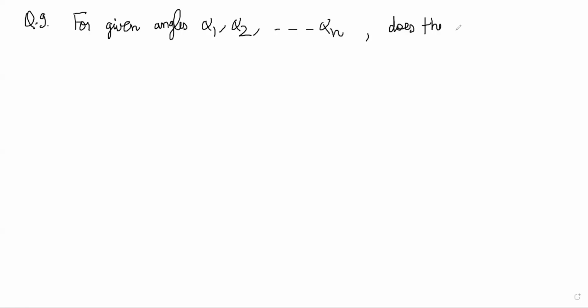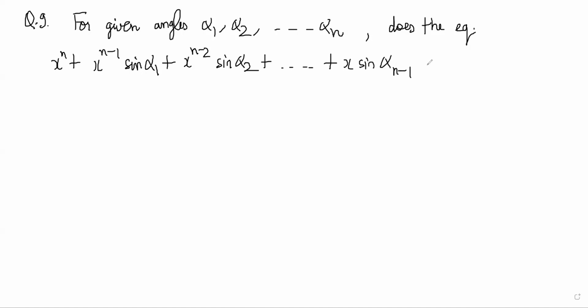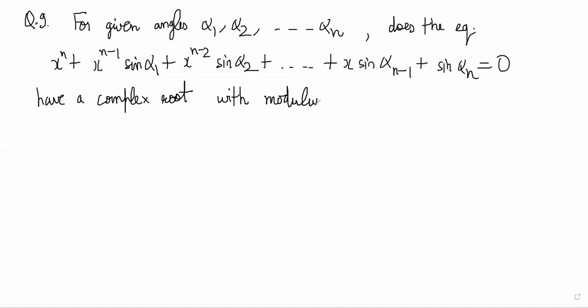I think it is question number 9. For given angles alpha 1, alpha 2 till alpha n, does the equation x to the n plus x to the n minus 1 sine alpha 1 plus x to the n minus 2 sine alpha 2 and so on till x sine alpha n minus 1 plus sine alpha n equal to 0 have a complex root with modulus greater than 2?